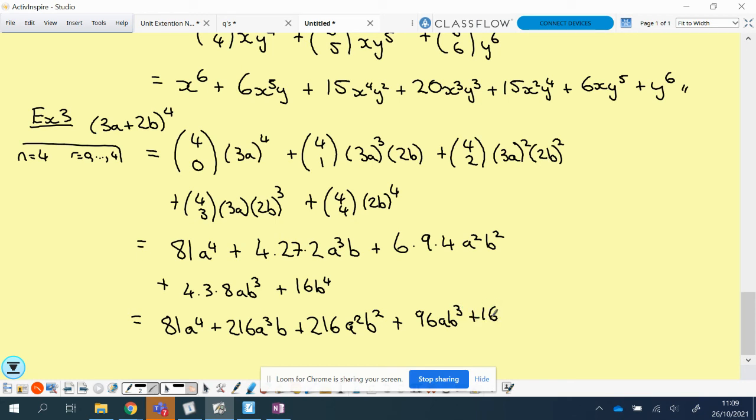Then I had plus 16 b to the power 4. So you can see we just had to be careful with our powers there. Alright, that will do us for today.